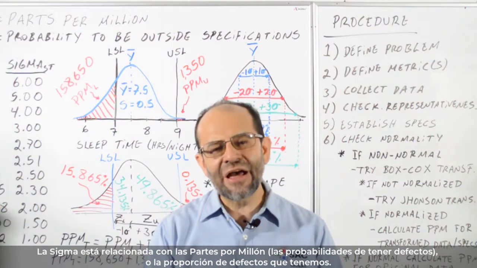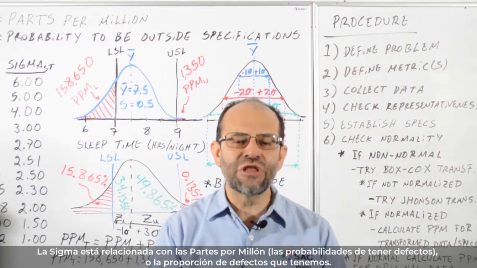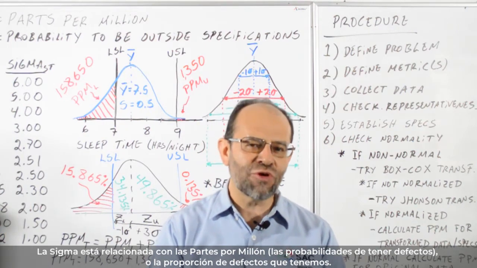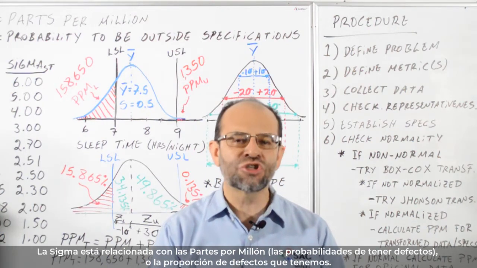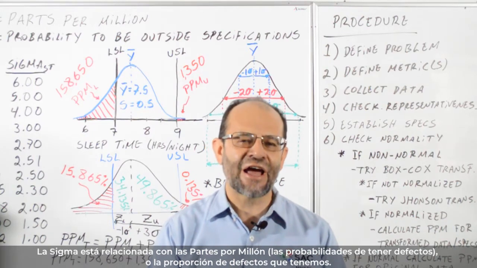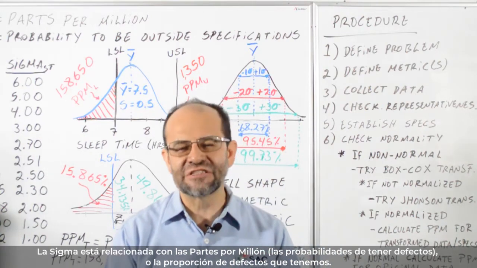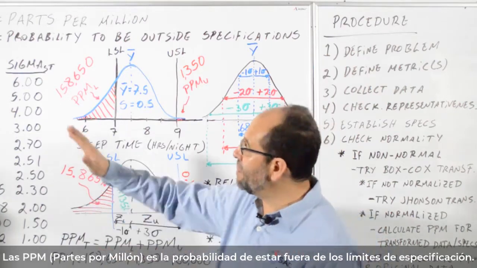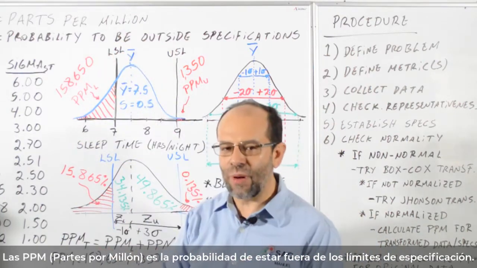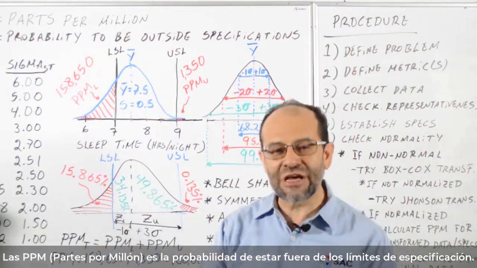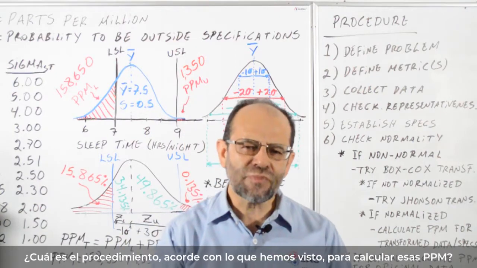And the sigma is related to the parts per million, the probability of having defects, or the calculation of the number of defects that we are having, the ratio of defects that we are having. PPMs, parts per million, is the probability of being outside the specification limits.